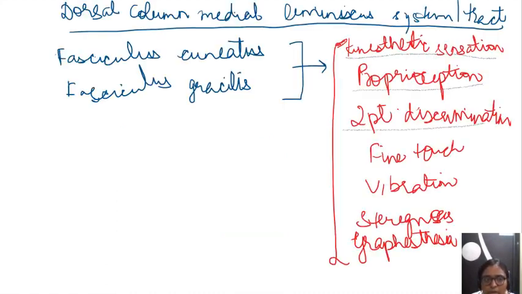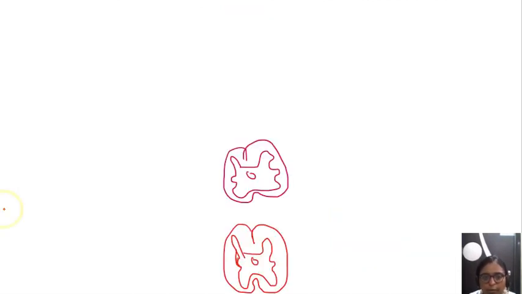So I told you that the receptors are needed to take the sensations, and the dorsal column lemniscus is responsible for the kinesthetic sense, proprioception, 2 point discrimination, fine touch, vibration, stereognosis, and graphesthesia. You know the terminology of it. So now let's proceed here.